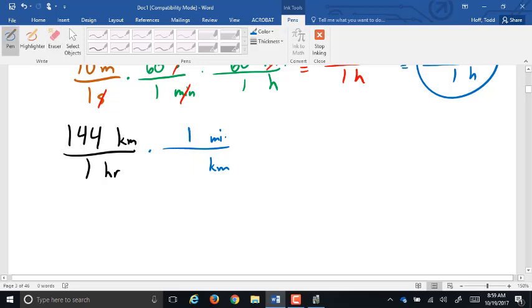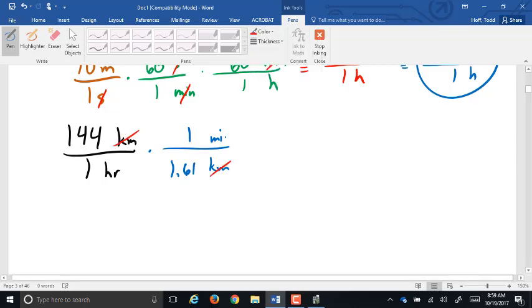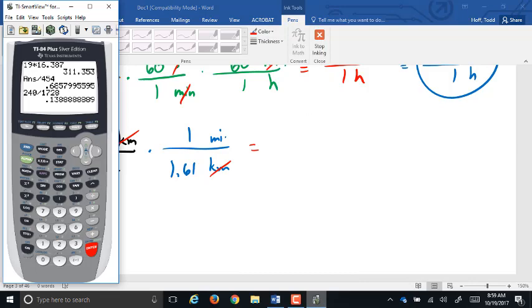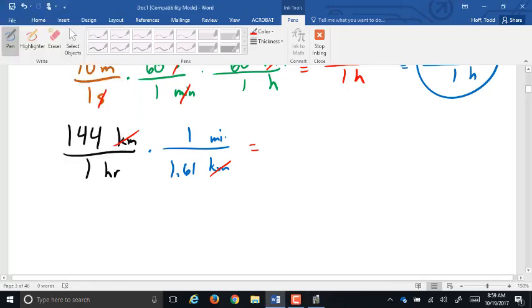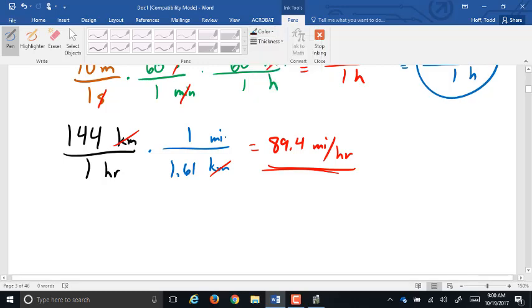We can use that. Kilometers cancel out. So it's 144 divided by 1.61. It's about 89.4 miles per hour. That's why I was kind of laughing, because it's almost exactly in between what you two were saying. Well, according to the Wisconsin State Patrol, it's a little fast.